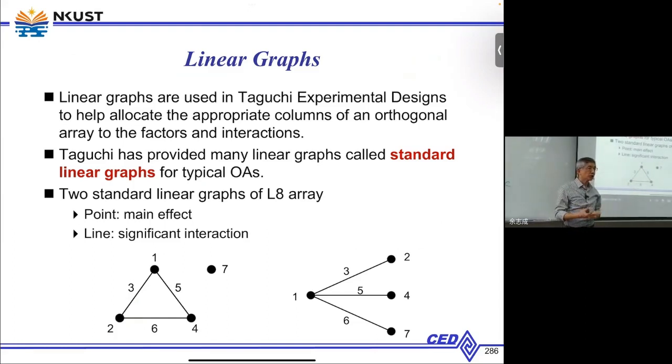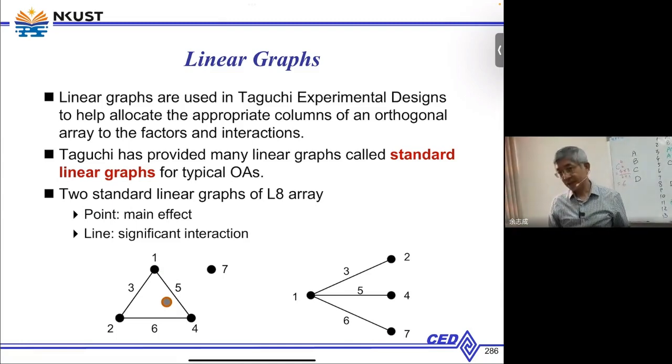But you need to arrange your factors carefully in such a way that the interaction in the line will stand for those important interactions. For those negligible interactions, you don't need to worry about that. And it will not show up in this linear graph. Okay?